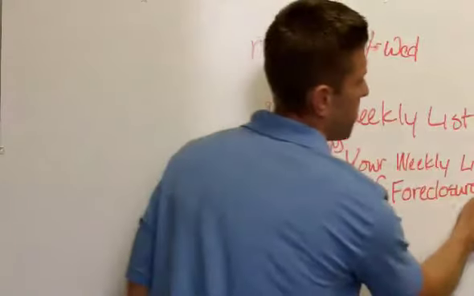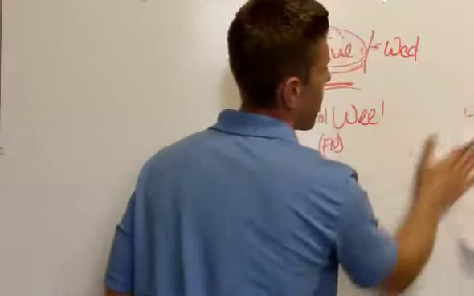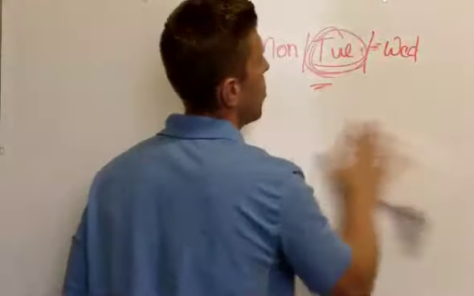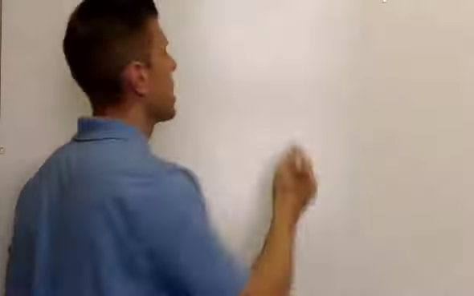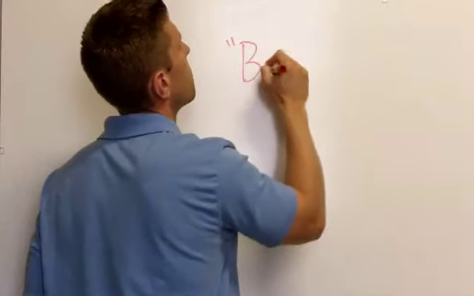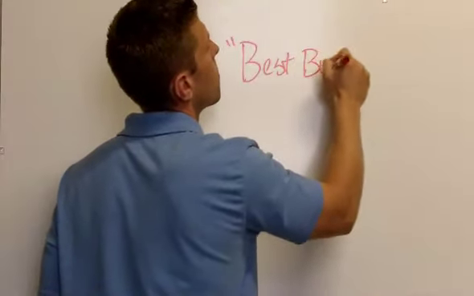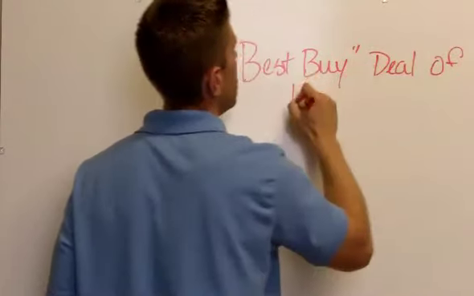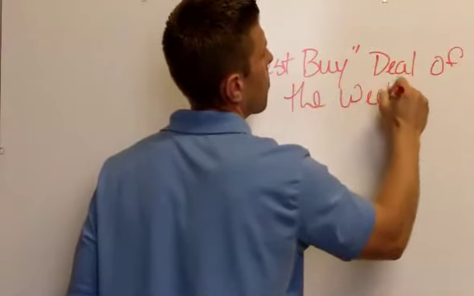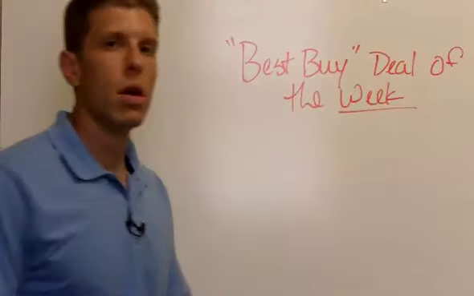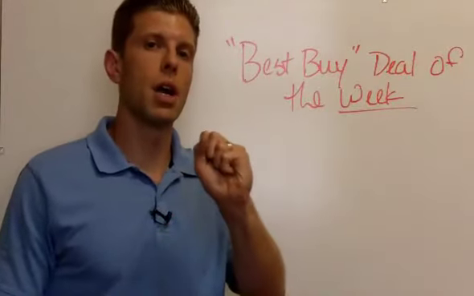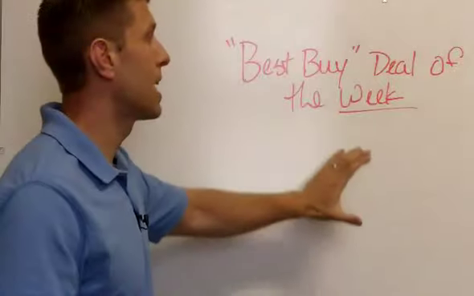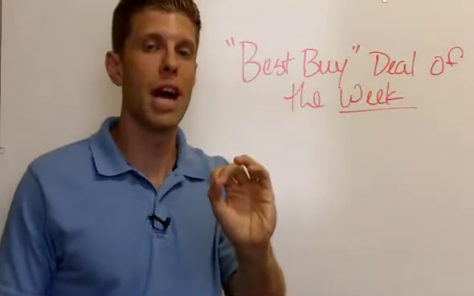Now the second email we're going to send each and every week is this. You're going to send a Best Buy deal of the week. Now, if you're sending out a list of new townhomes, you're going to send out your Best Buy deal on a new townhome.